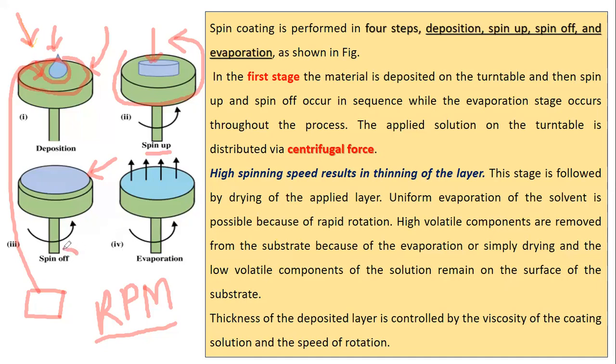So this stage is followed by drying of the applied layer. If we stop the spin coater, it means the third stage, if we spin off that spin coater, after that the evaporation starts. With the help of evaporation, the substrate is fully dried.